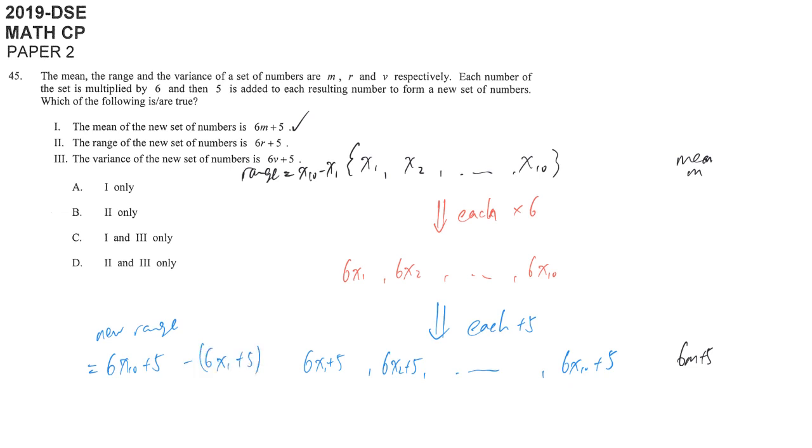So the 5 and 5 here cancel out, and only 6 times (x10 minus x1) remains. So you'll find that the difference is expanded by 6 times, but because both of them plus 5 will not affect the range, it won't spread wider. So the second statement is wrong. The correct range should be 6R only.